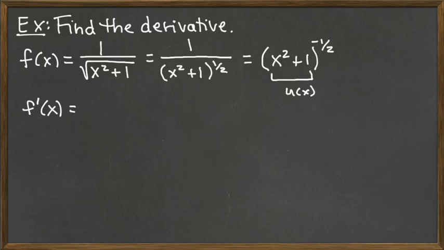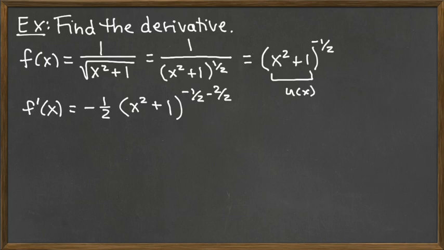We bring the power down, so we have the negative 1/2 power. And then what is in parentheses from the function, that ugly part, stays in the parentheses. And we drop the power by 1. So we have the negative 1/2, and we subtract 1, and I'm going to strategically write it as 2 over 2, just so that I've already gotten the common denominator.